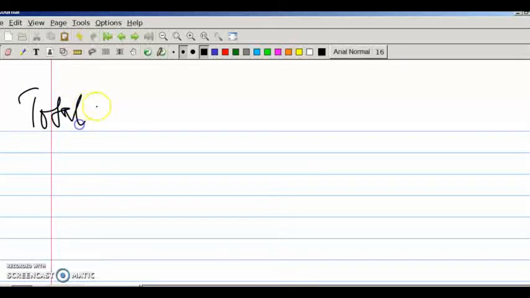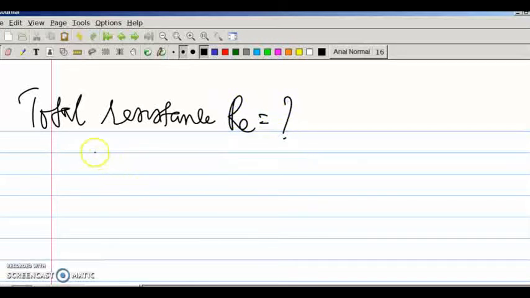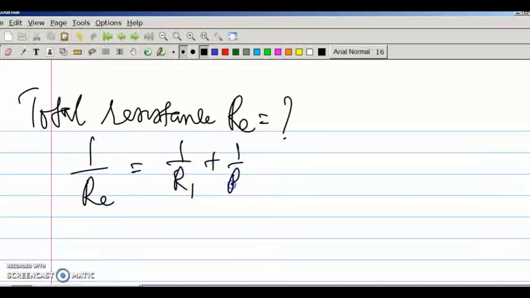Total effective resistance RE is equal to 1 by R1 plus 1 by R2 plus 1 by R3.